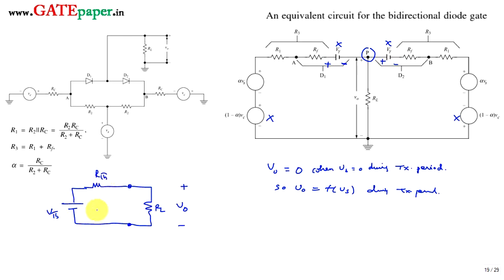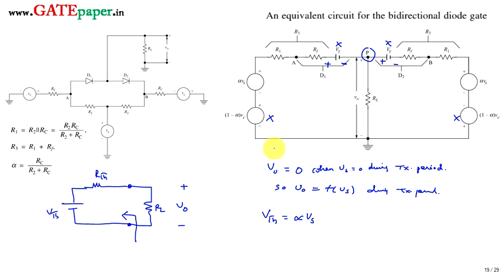What can be the value of RTh? What can be the value of VTh when you look at this point? VTh can be directly written as V0 equal to alpha times Vs.